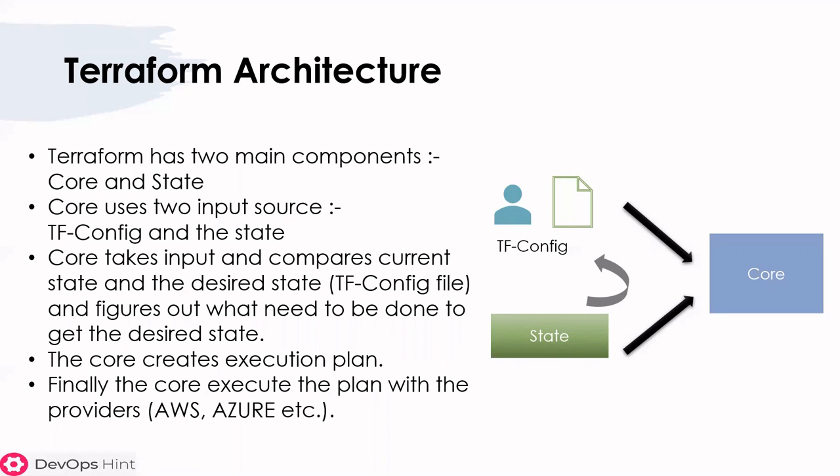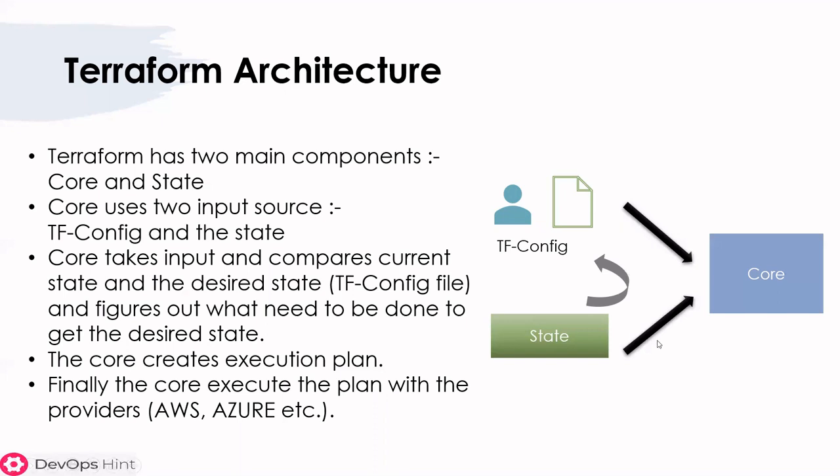All those things get stored in the state. What the core does is compare the tf config, the requirement of the infrastructure that needs to be created, with the existing infrastructure we already have.